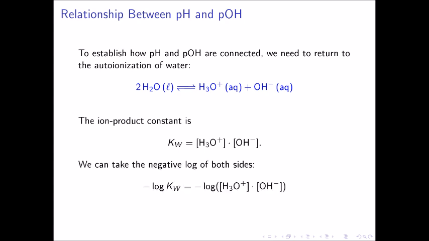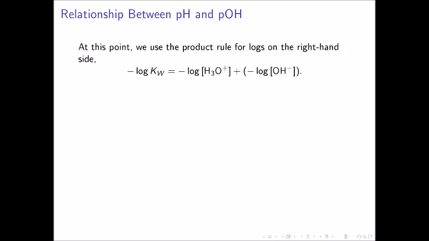The first step is to take the negative log of both sides. This gives the negative log of Kw is equal to the negative log of the product of H3O+ concentration times OH- concentration. The next step is to use the product rule for logs on the right-hand side.